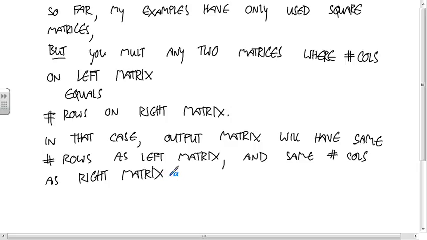Okay, so here's an example of how that works. You could have a matrix 1, 2, just a 1 by 2 matrix there, and a matrix 1, 2, 3, 4. Okay, and if you multiply those, you're going to get a matrix that has one row, because the left matrix only has one row, and two columns.